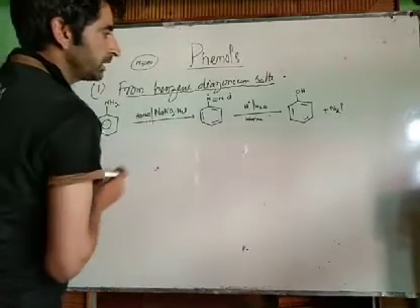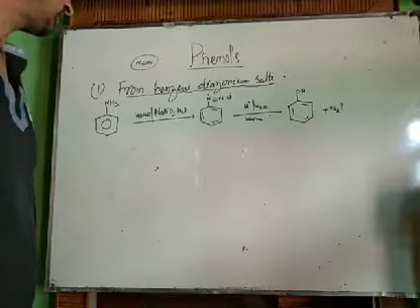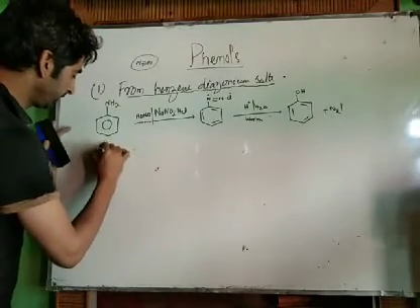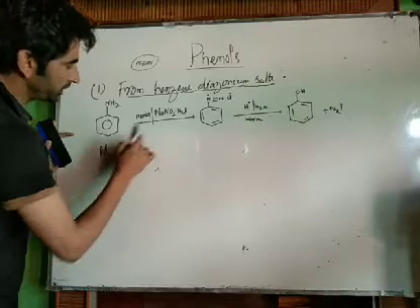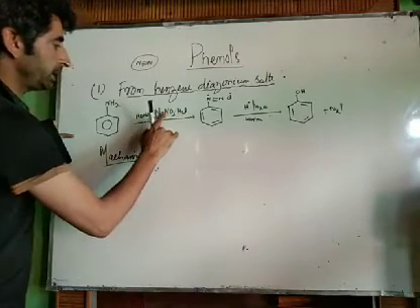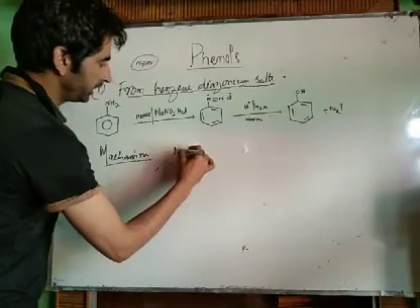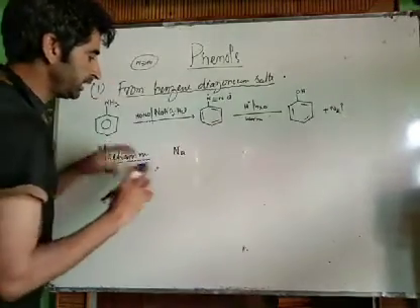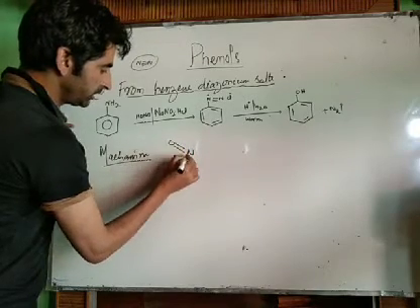Let us see the mechanism of this reaction, how the reaction proceeds. I have already discussed this type of reaction in case of haloarenes. First step involves reaction between NaNO2 and HCl.